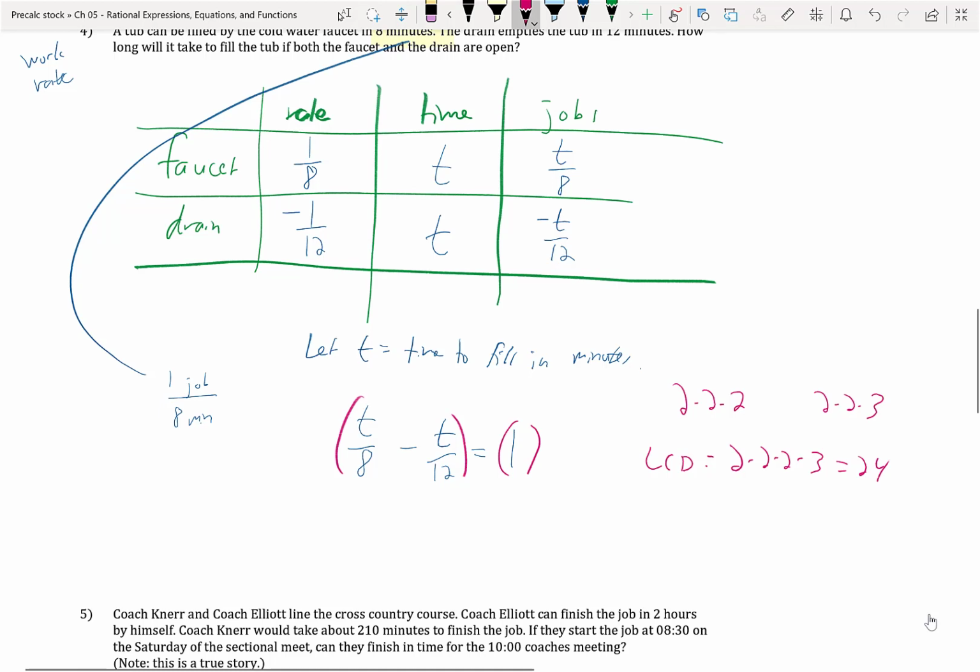That's the long way of figuring out that the best denominator to use with 8 and 12 is 24. So if I multiply both sides by 24, I get 3t minus 2t is equal to 24, or t is equal to 24. So it takes 24 minutes.